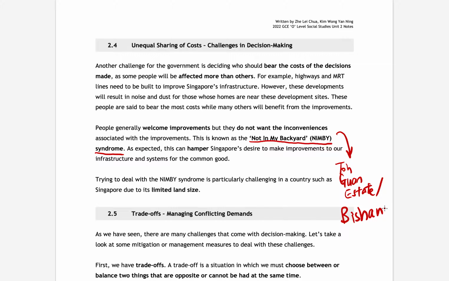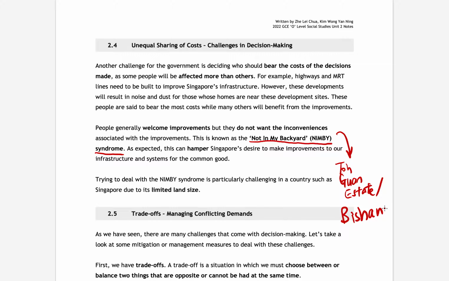There are a lot of elderly. We have to care for the elderly sometimes, for example, right? It's just a hassle for a lot of the residents there. So they told the government, we don't want this in our backyards. We want a place where elder care can be provided, but just not next to our flats. Okay, I hope you understand that.